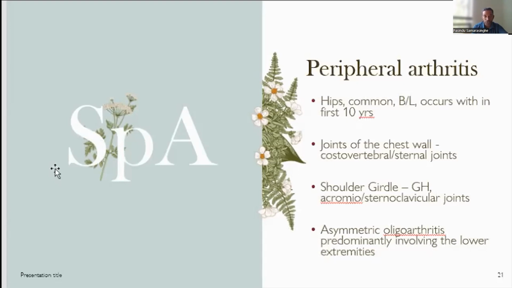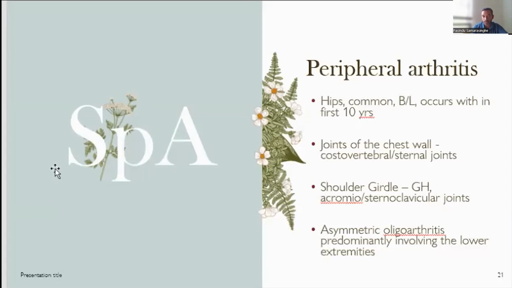So the arthritis is usually an asymmetrical oligoarthritis predominantly involving the lower extremities. In contrast to rheumatoid arthritis, which is the other common arthritis, it is usually a symmetrical arthritis and a polyarthritis. So in contrast, spondyloarthritis is an oligoarthritis. And the other feature is, in rheumatoid arthritis, the distal interphalangeal joints are spared, but in spondyloarthritis, when you get peripheral arthritis, the DIP joints are involved.